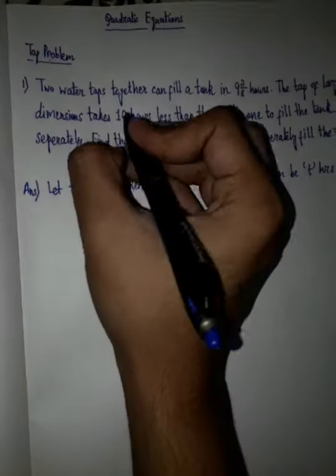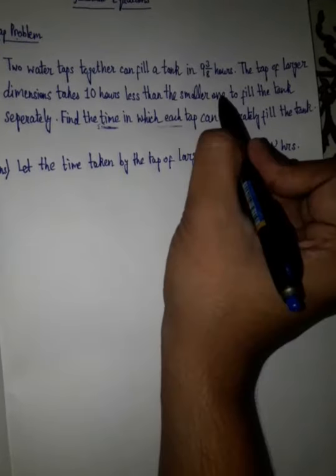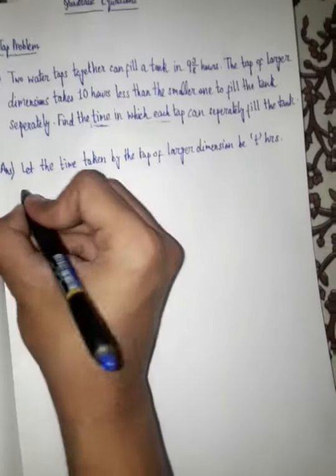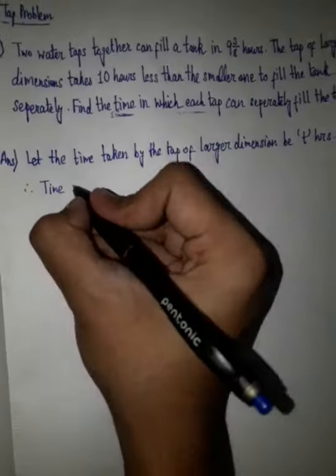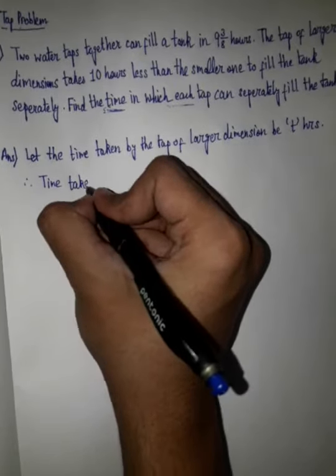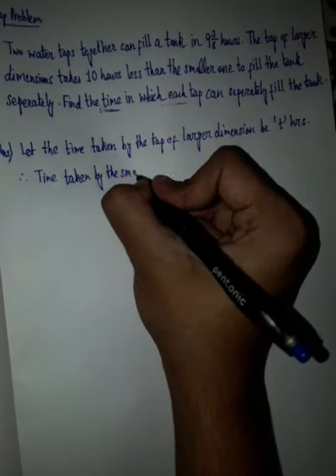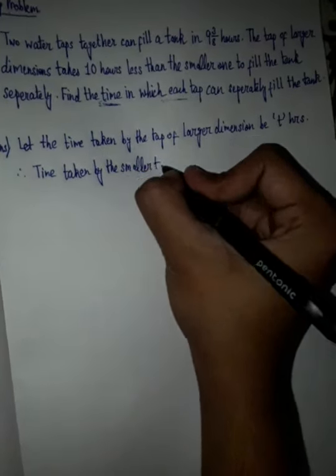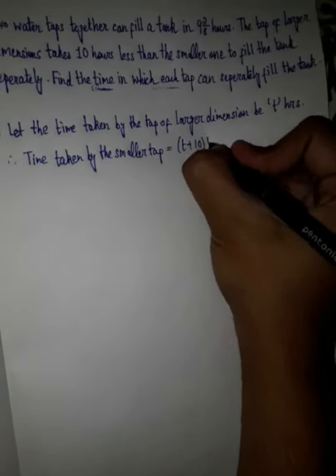So in the question we have seen that the tap of larger dimension takes 10 hours less than the smaller one. So therefore the time taken by the smaller tap equals t plus 10 hours.